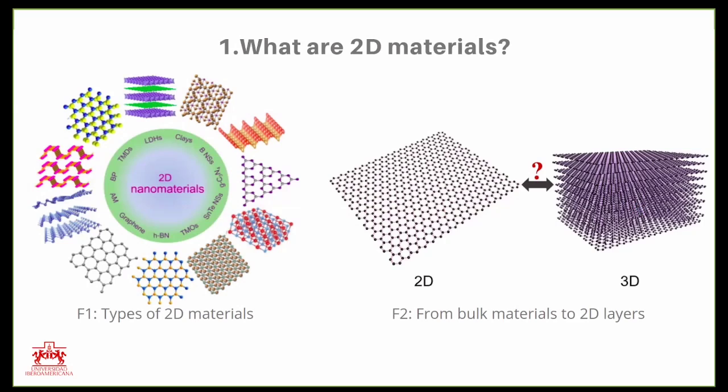Okay, so what are 2D materials? 2D materials are a kind of nanomaterials, and they are really important because among the applications of interest of this type of materials are the optimization of charge transport in solar cells, light-emitting diodes in the field of optoelectronics, semiconductors in transistors, photocatalysis, and among others.